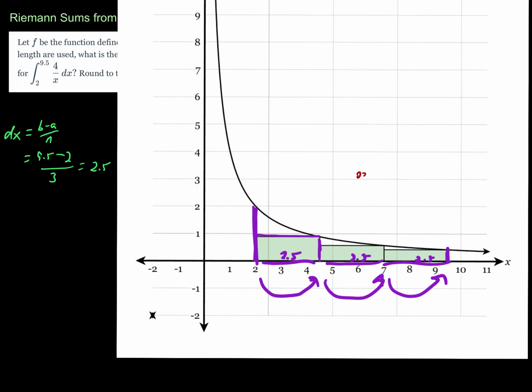That's 4.5 right there, so we want f of 4.5 as the height. This right here is 7, so we want f of 7 as the height of the second rectangle. And since the right side is when x is 9.5, the height is f of 9.5.